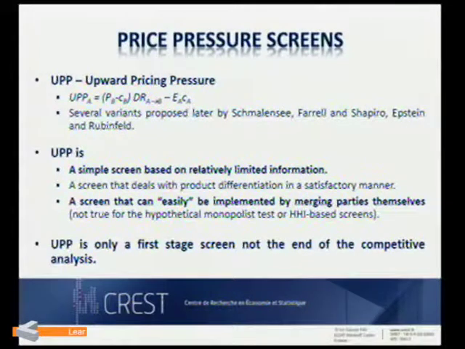There have been several variants proposed to that initial version, but they all involve the same ingredients: prices, marginal costs, and diversion ratios.